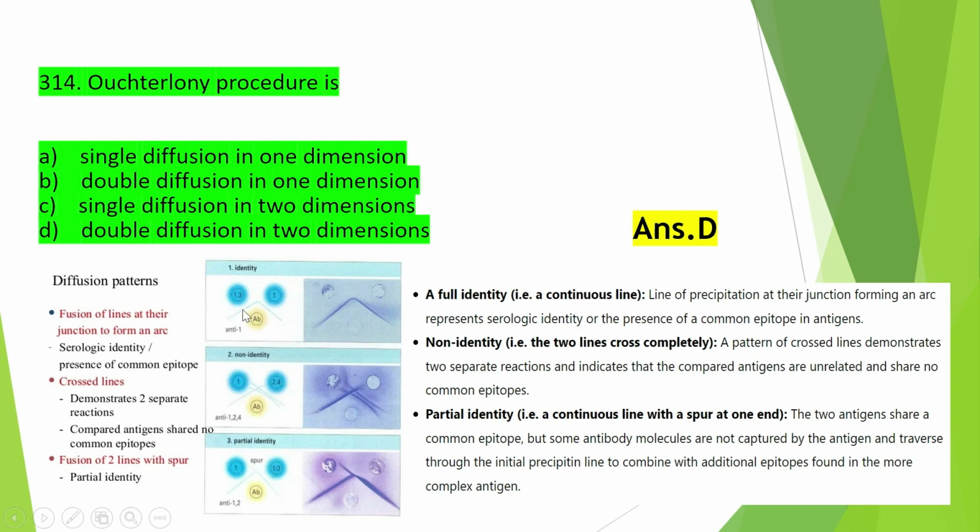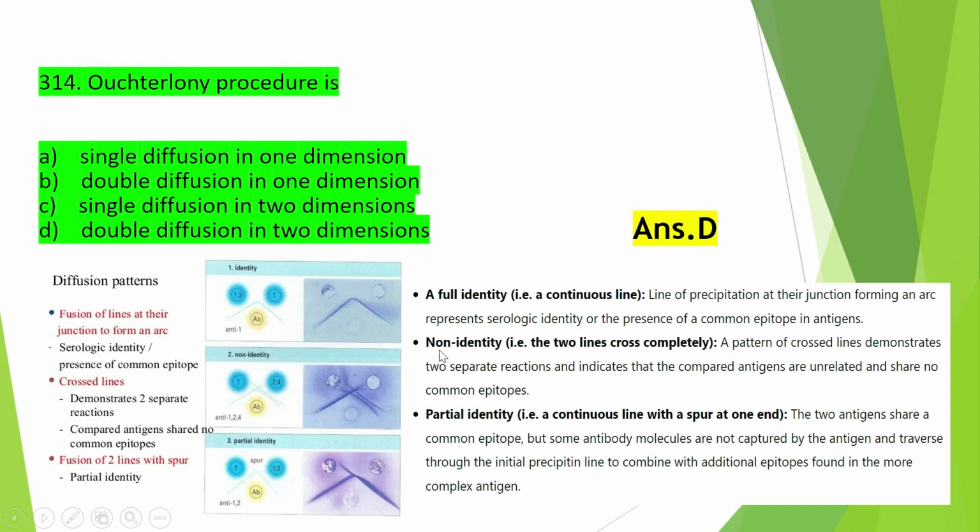Okay, and they produce an antigen antibody complex in a certain region. So if we get a full identity or a continuous line like this or like this, then we can say the line of precipitation at their junction forming an arc represents serologic identity or the presence of the common epitope in antigens. So these two antigens are common, they have common epitopes.